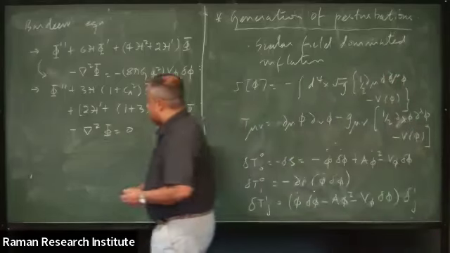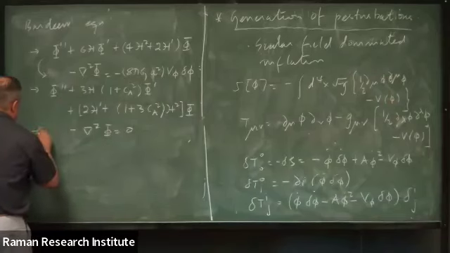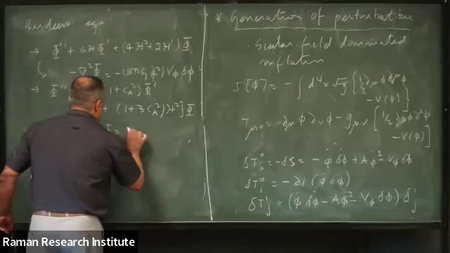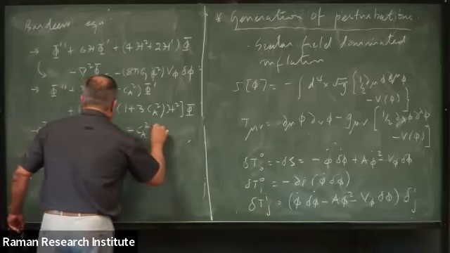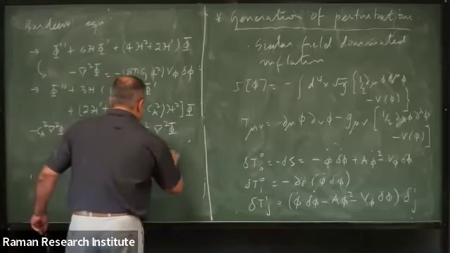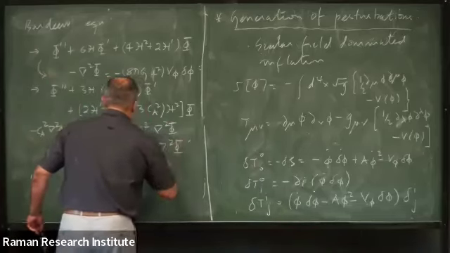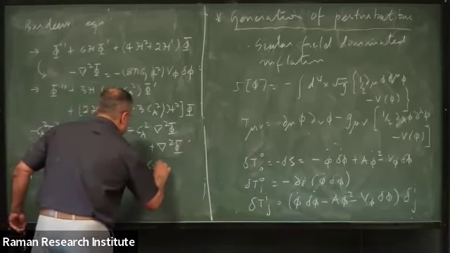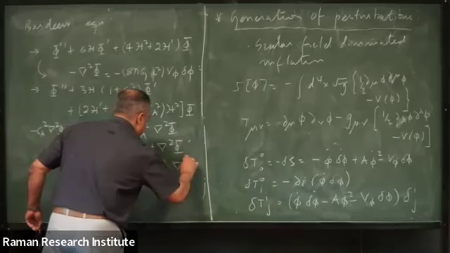But then I can easily do that. I can add and subtract ca squared nabla squared phi, and take this to the right hand side, minus nabla squared phi, which becomes plus 1 minus ca squared nabla squared phi.